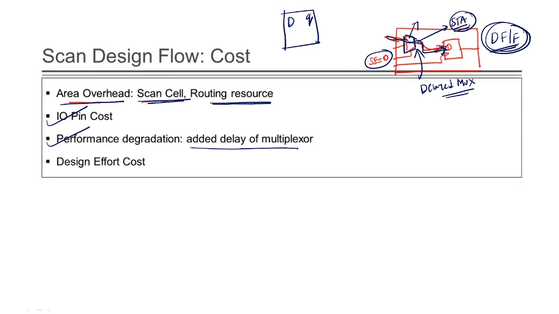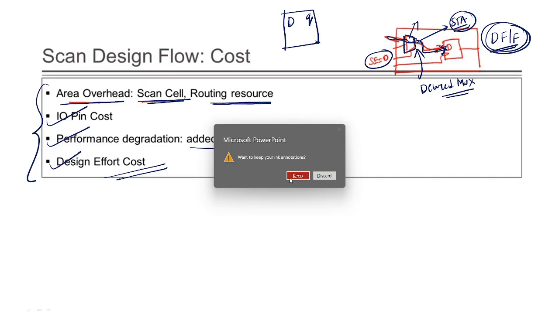And design effort cost: for this testing you need to pay for DFT testing engineers and all those things. But by using this scan test, initially we can find out the stuck-at faults and whatever defects are present in your design. So these are the scan design flow costs. This is about the scan design flow.